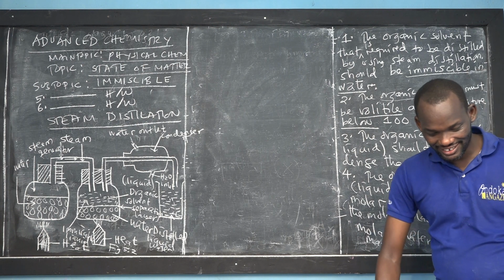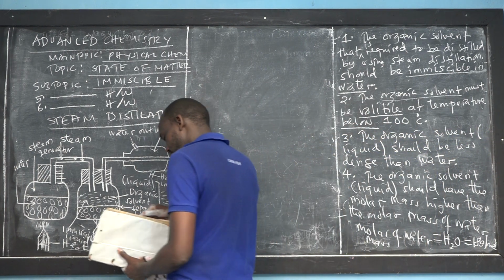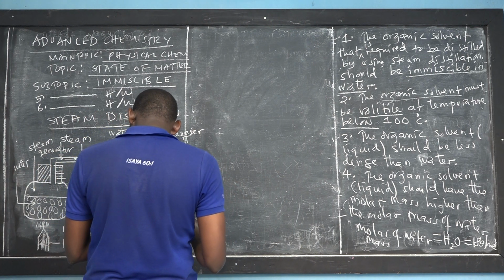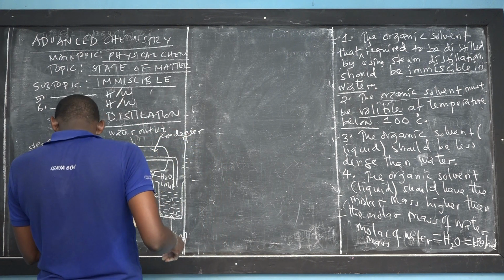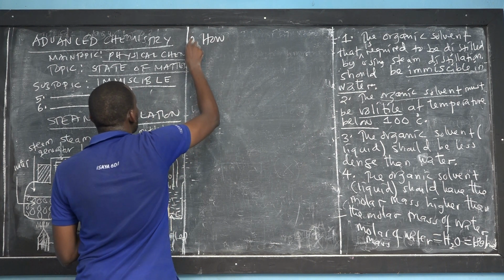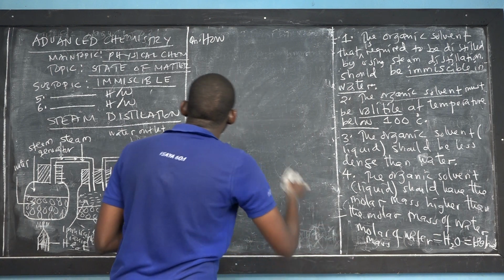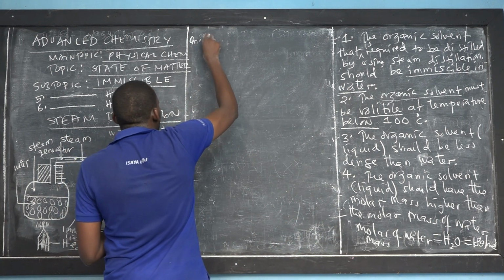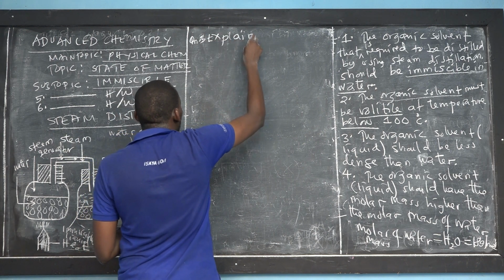So I think you understood. Let me write a short description for you to go through when you are studying this. The question is: explain briefly how the process of steam distillation takes place. This is question 5, if I'm not mistaken. Don't worry about numbers.